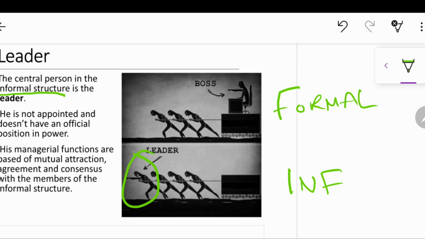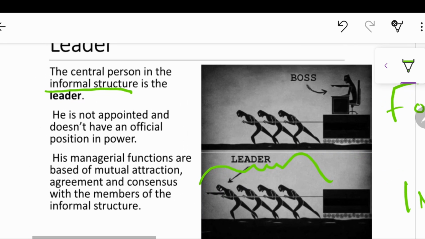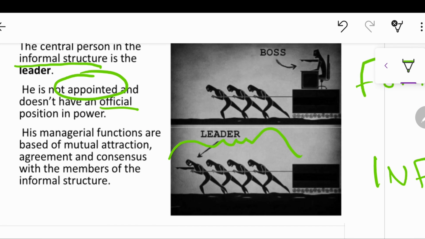The informal leader does not behave in this autocratic style. However, he is assimilated within the group. He is one of the group. He is not something that's outside of them. He is one of them. He is not appointed the power. He doesn't have an official power. However, people see him as the leader. He motivates them.